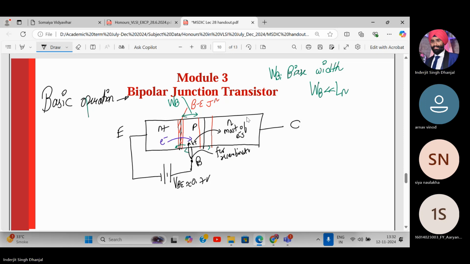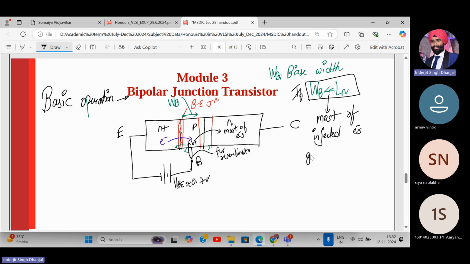Got it? So again I repeat, if WB is less than Ln, most of the injected electrons get to the collector without recombining.